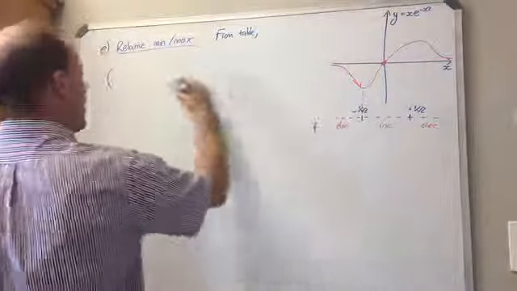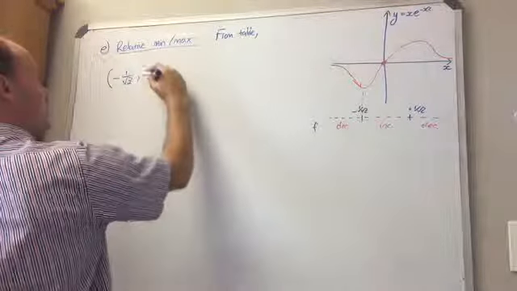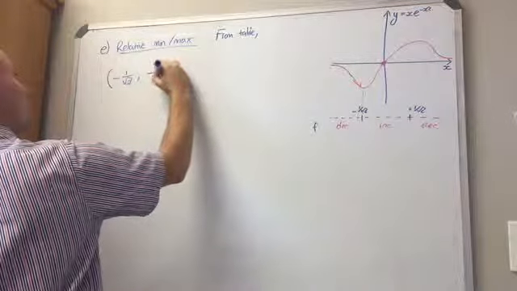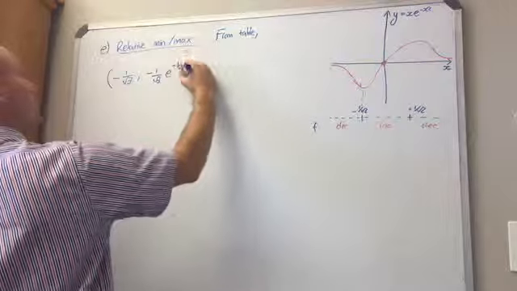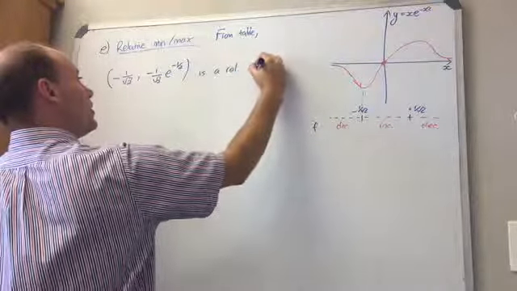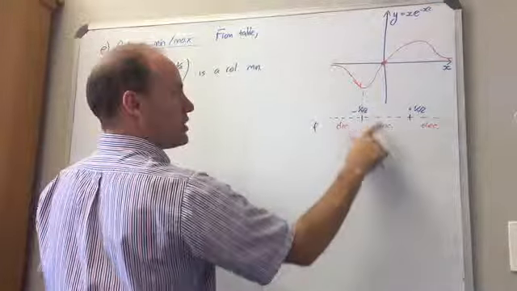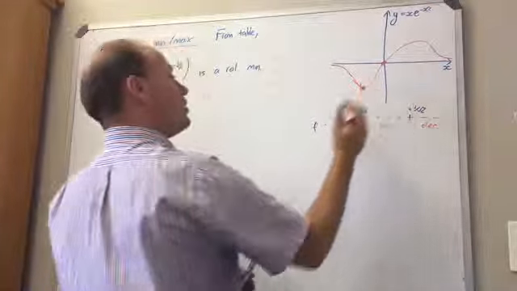So that's the point x equals minus 1 over root 2. And y is equal to, well, we sub it into the formula for the function: minus 1 over root 2 times e to the minus 1 over root 2 squared, which is e to the minus a half. It is a relative minimum, because from the table, f was decreasing before that point and increasing after that point. So we're talking about this point here, which is a relative minimum.